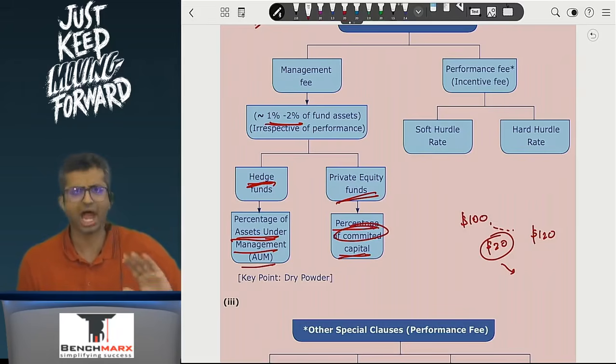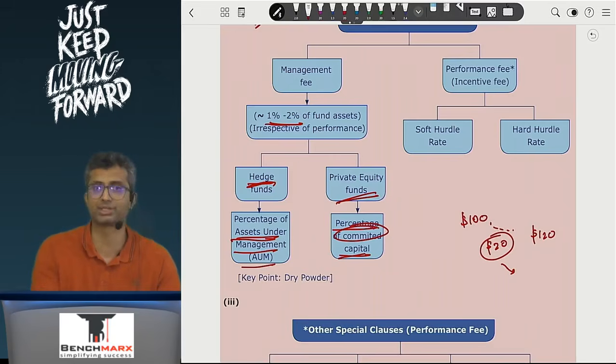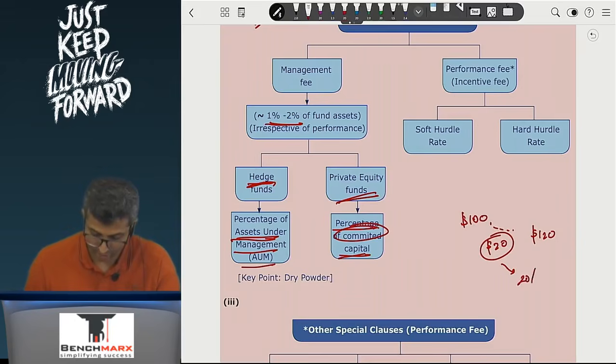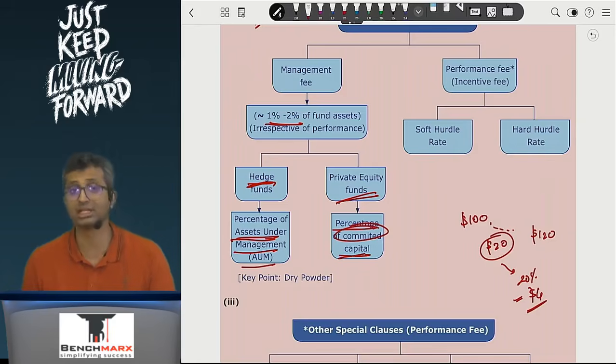So had there been no management fee, let us say incentive fee is 20% of the return generated. So the return generated is 20 million into 20%, which is $4 million. And this is the $4 million that has to be paid to the general partner. The remaining 16 million can be enjoyed by the limited partners.